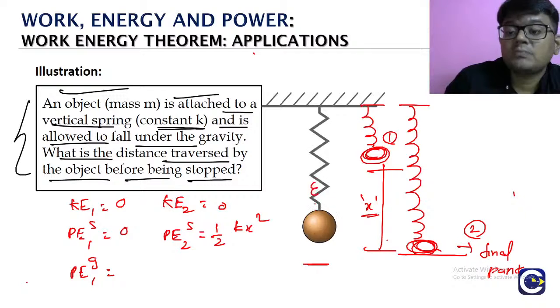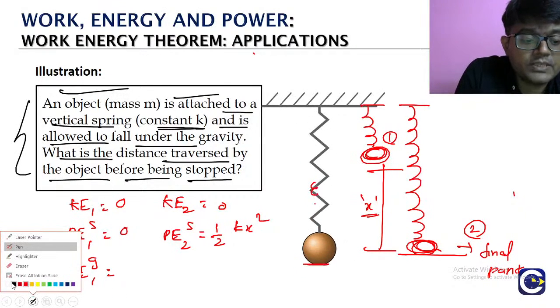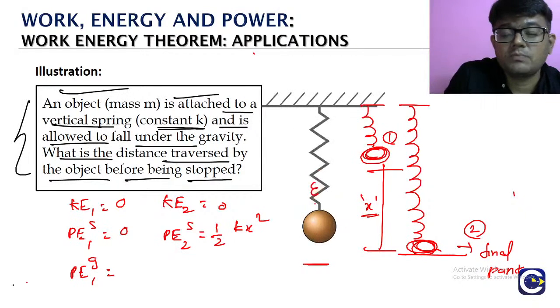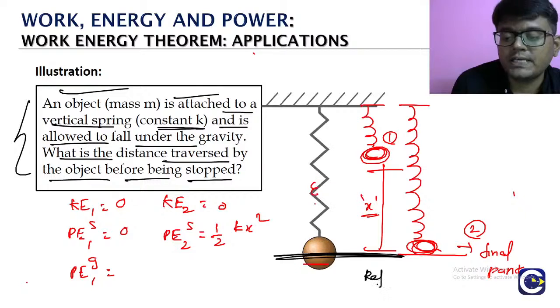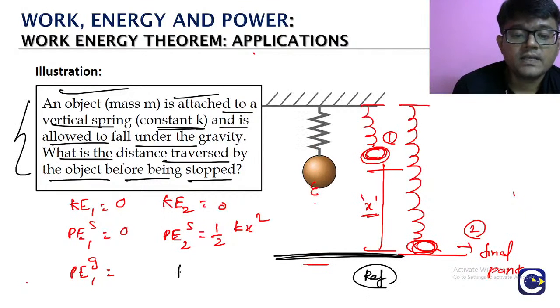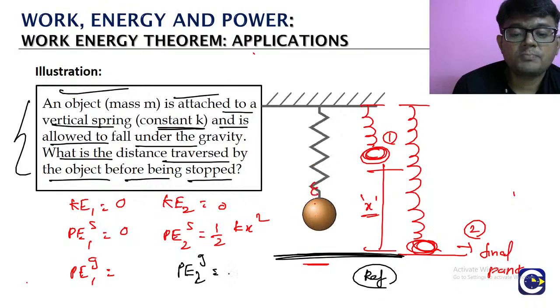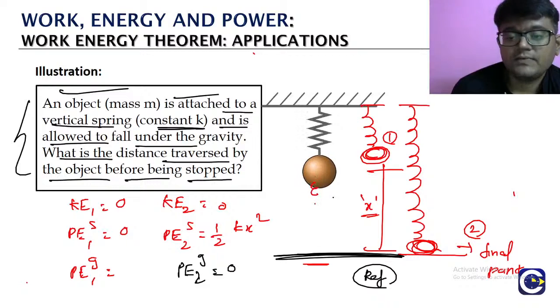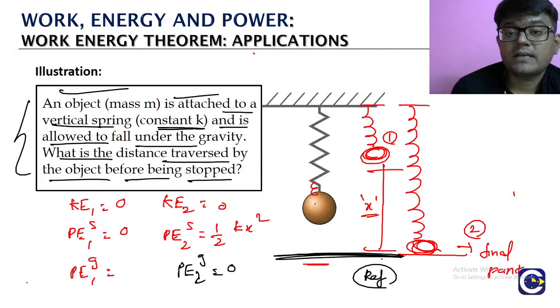For gravitational potential energy, we need to have a reference. Without a reference, we cannot talk about gravitational potential energy. So we'll take the bottommost point as our reference. That means the gravitational potential energy at point 2, for the mass m at the final point, will be 0.